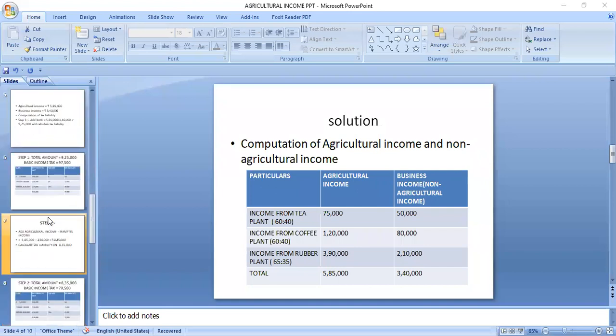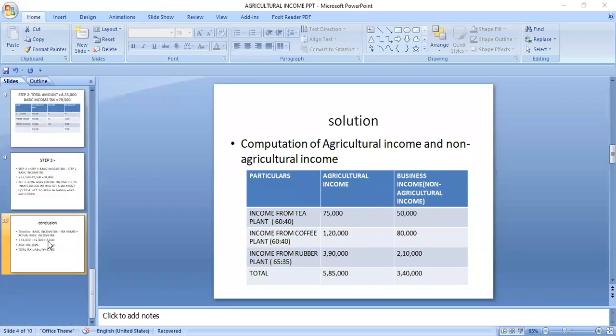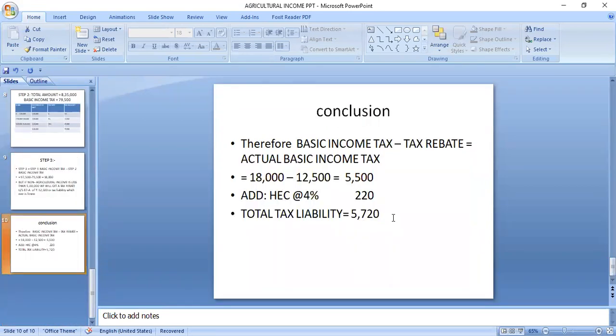The total tax liability you have to pay is 5,720. This is how the government will give a shock to you. That is how the government will collect revenue indirectly by implementing a technique, a tool, to collect tax from the people. The government is very clever compared to the people.